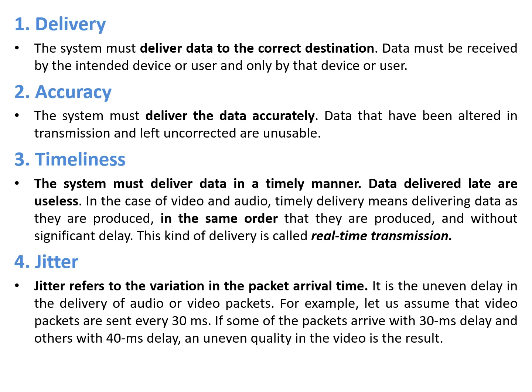The second parameter to consider is accuracy. If the communication system is able to deliver the data accurately, or correctly, then the data has reached the destination without any disturbance or alteration in the sent data. If the data has been altered during transmission or left uncorrected, it is unusable at the receiver end.